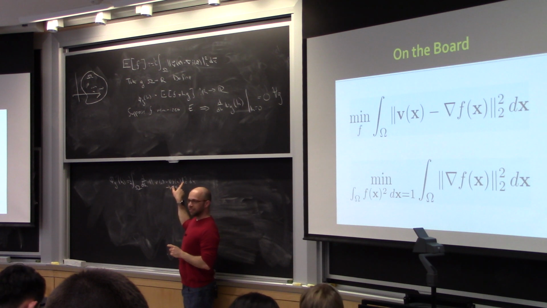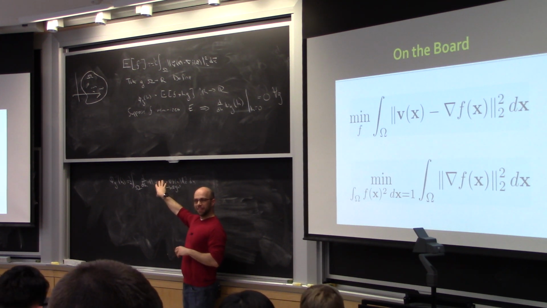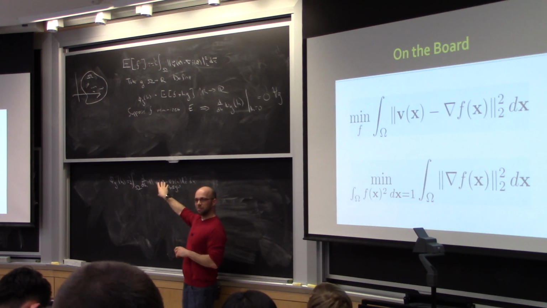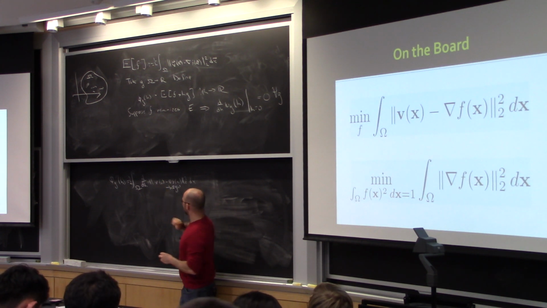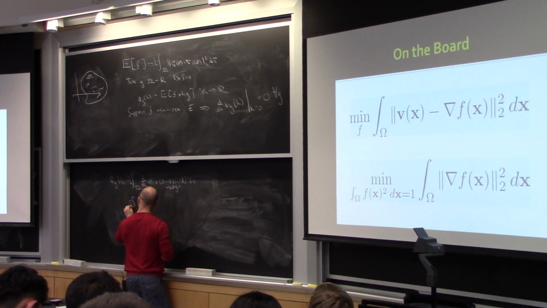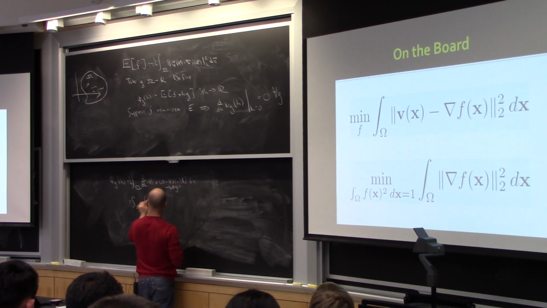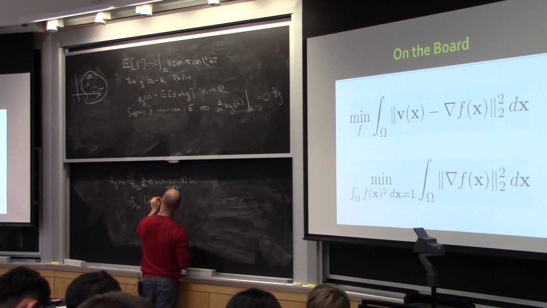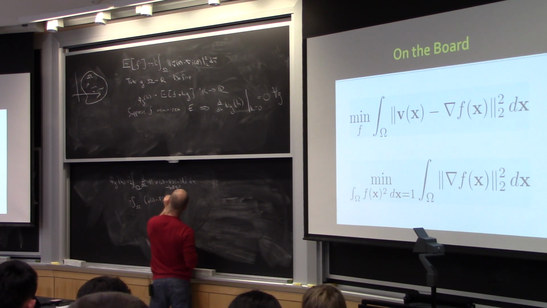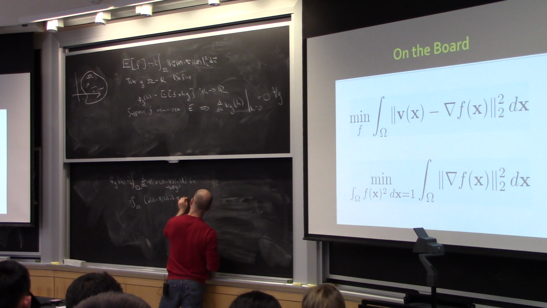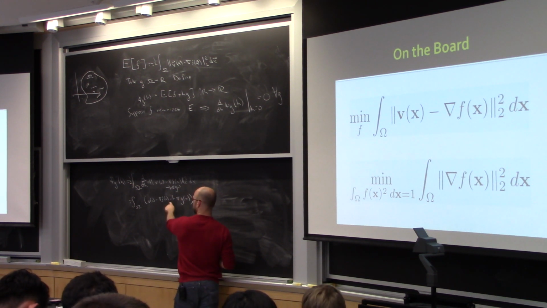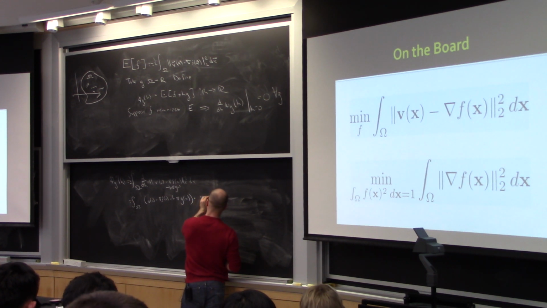Well, remember that this is really just the dot product of this vector with itself. So by the product rule, what do I get? This is equal to the integral over omega of v of x minus grad f of x minus h grad g of x, dot product with the derivative of this thing with respect to h, just grad g.